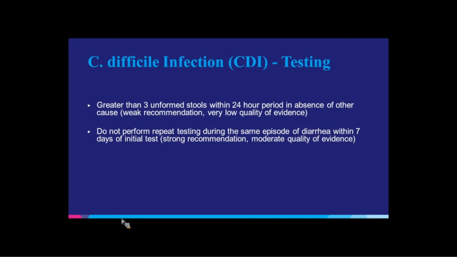Do not perform repeat testing on the same episode of diarrhea within 7 days. If you got a negative result and the diarrhea continues and you're using a high quality testing assay, don't go back and say, let's retest. They're coming down very strongly against that. There is some nuance within that at the individual level.